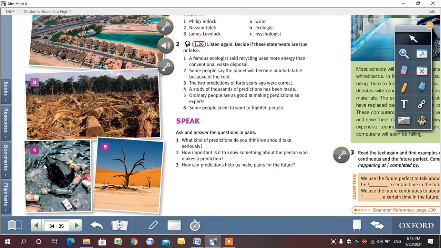Number 4, it's water contamination, because as you see in the picture, the water is dirty and not clean. Number 5, it's desertification. And can you see that the tree is dry and it's dead? So it's changing the fertile land into desert.